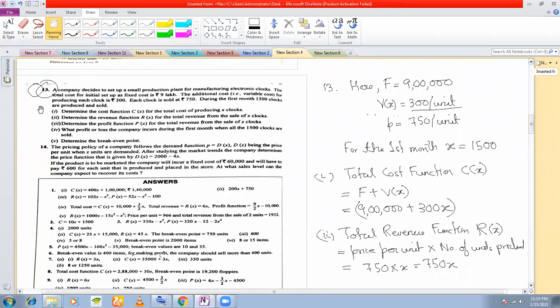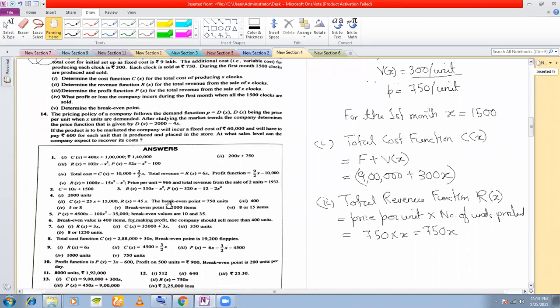Next, determine the profit function. So it's simply saying revenue minus cost. What is the profit function? Profit is revenue function minus cost function, R of x minus C of x.